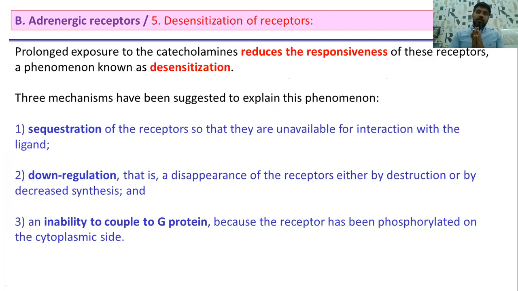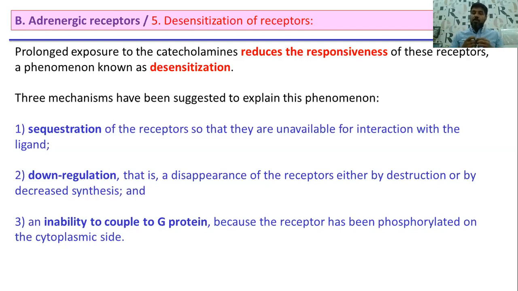So we have a very important term here, which is desensitization of the receptor. What do we mean by desensitization? There's a general rule in pharmacology. When a specific receptor is exposed to a permanent or high concentration of agonist for a long duration of time, that will reduce the responsiveness of this receptor, and this phenomenon is called desensitization.